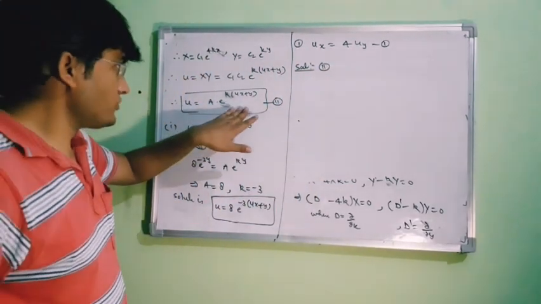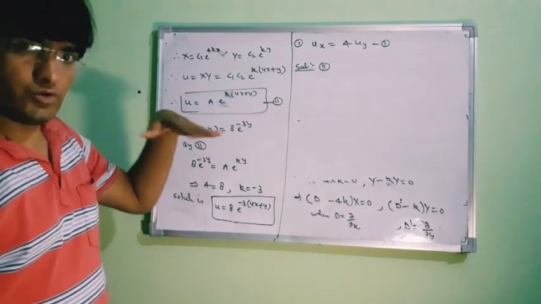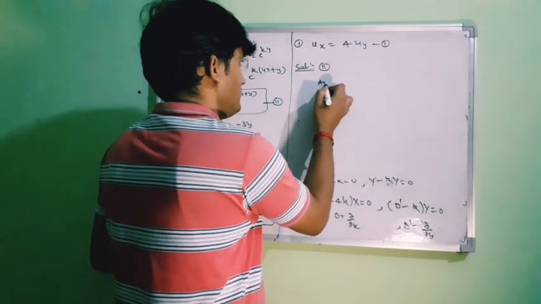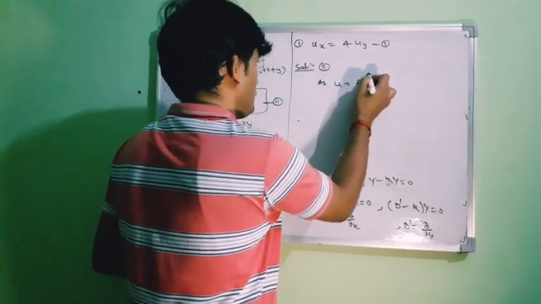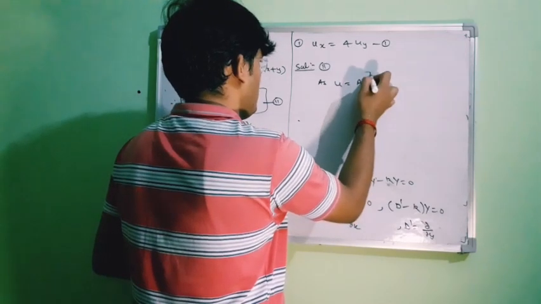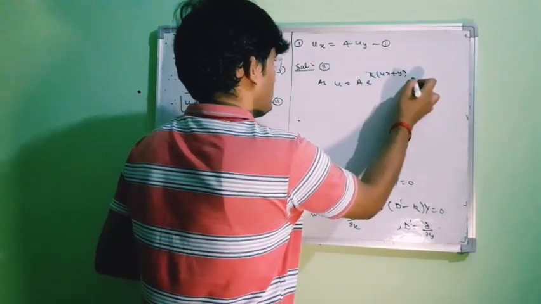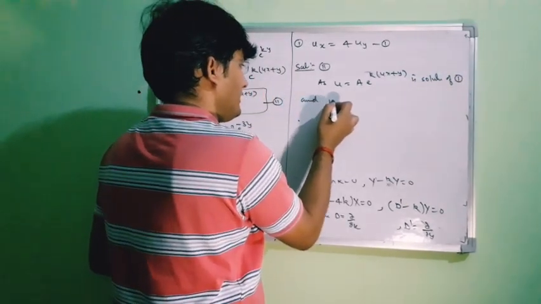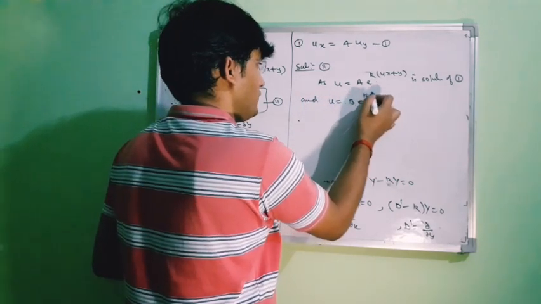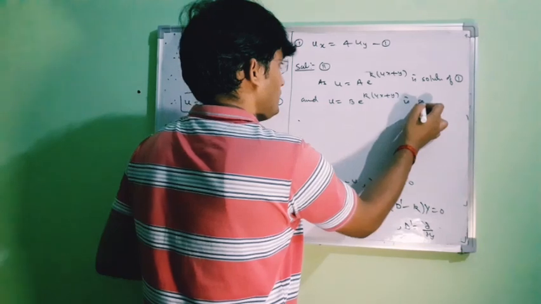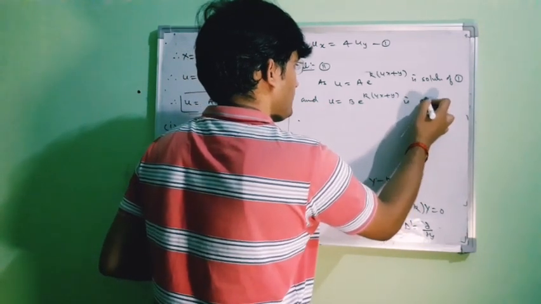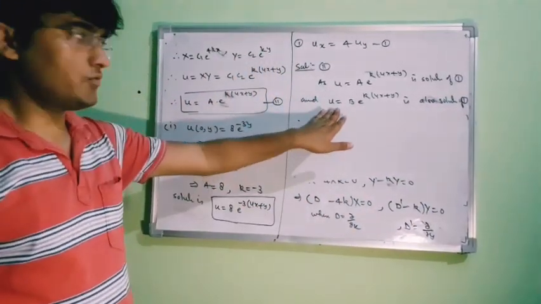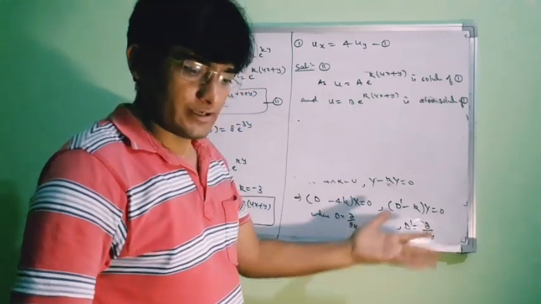As this is your solution of equation number 1, we know that the superposition of solutions will again be a solution. u equal to a e to the power k(4x plus y) is a solution of 1, and we can also write b e to the power k(4x plus y) is also a solution of 1. This will also be a solution of 1. So hence their sum is again a solution.